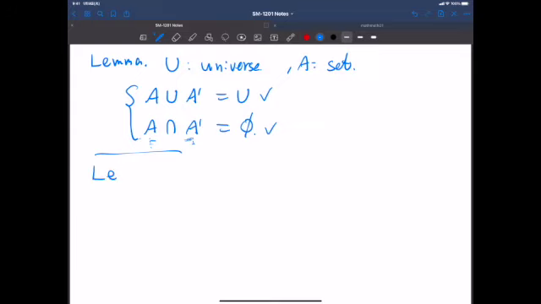And another important result, let's say it's a theorem, is De Morgan's law. As usual, A and B are sets.